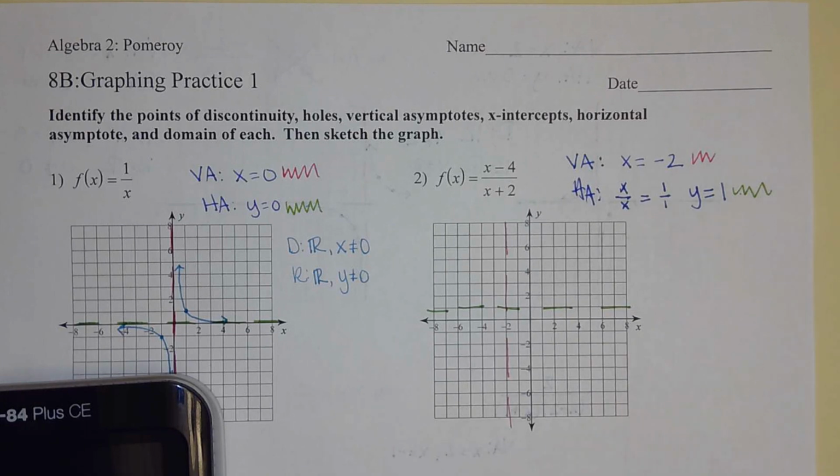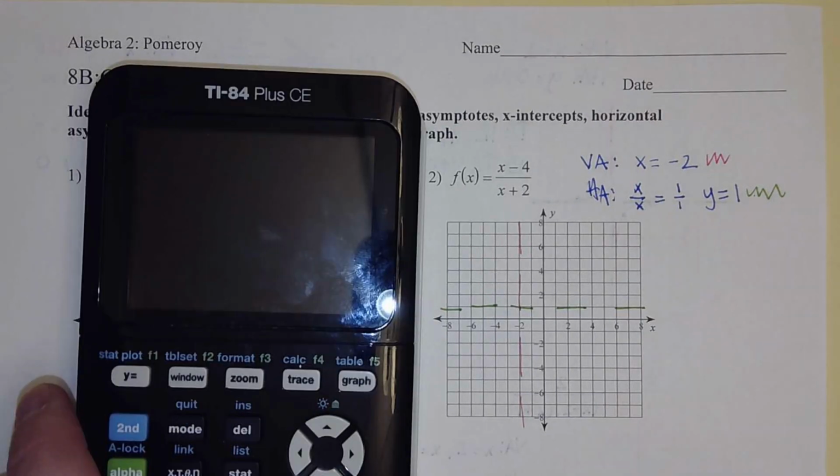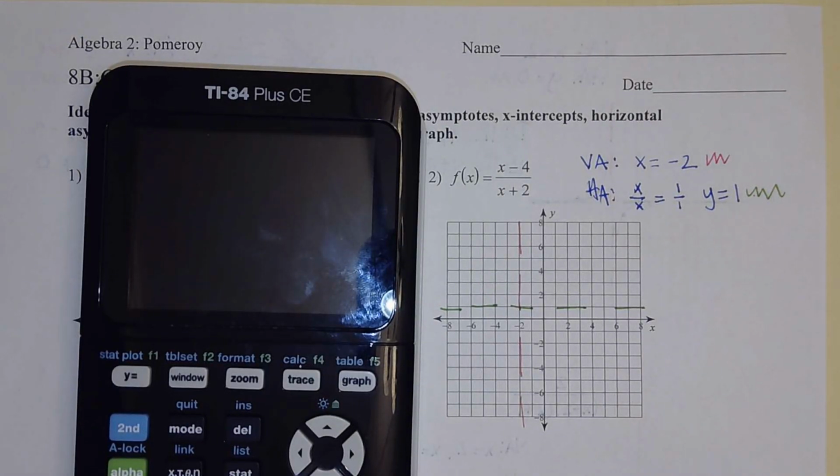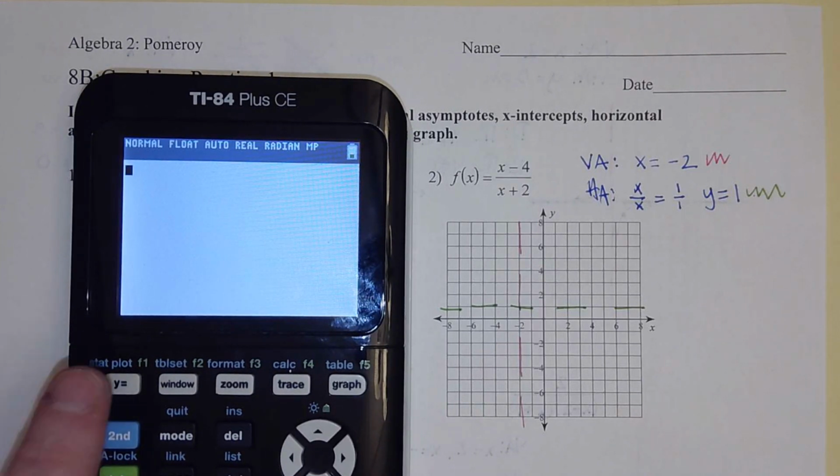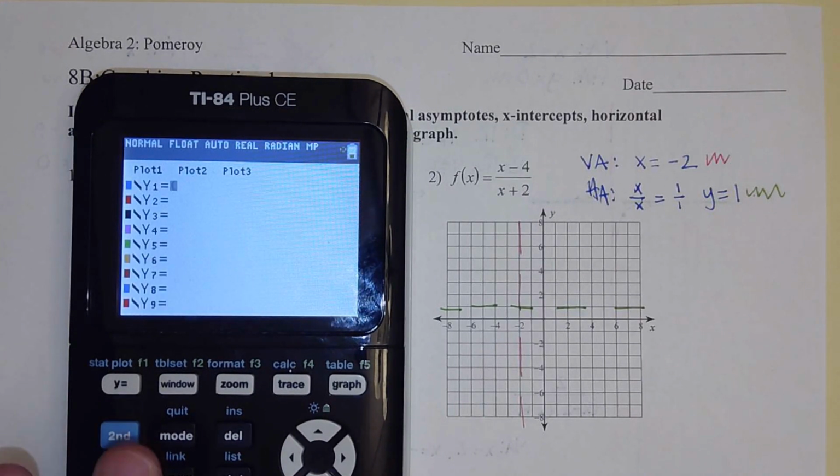Now that I have that, I'm going to use my graphing calculator to find the rest of the points I need. I'm going to go to y equals, and I'm going to type in x minus 4 divided by x plus 2. And then I'm going to go graph.